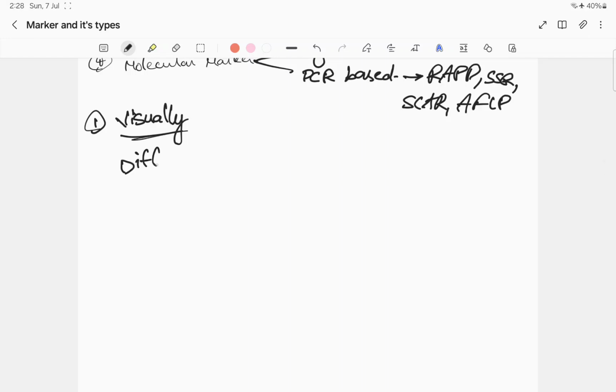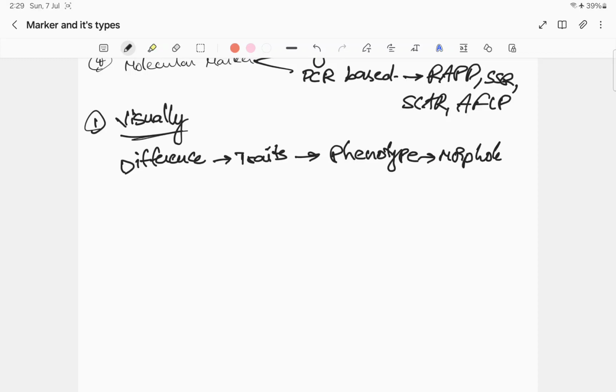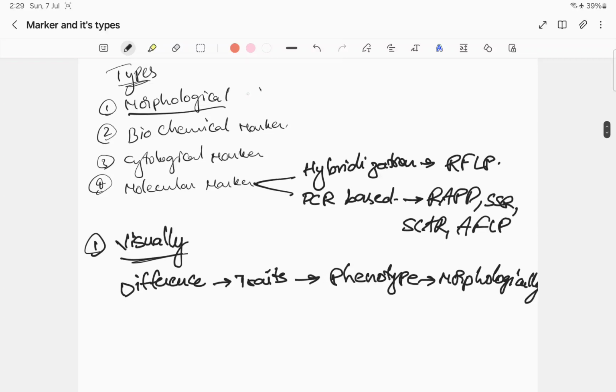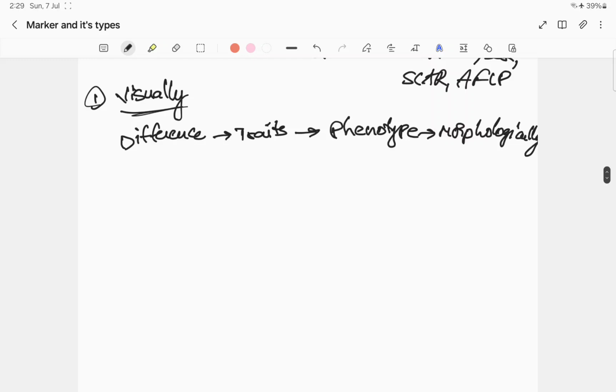Like if we see a difference between traits based on their phenotype morphologically, then it's said to be a morphological marker, right? This morphological marker is also known as genetic marker.